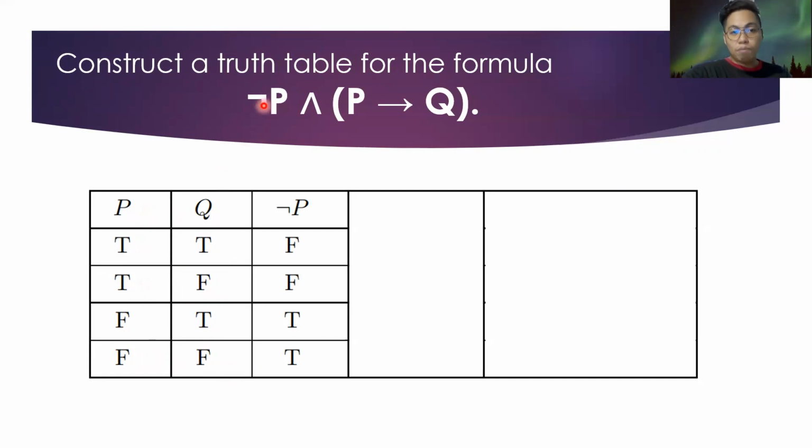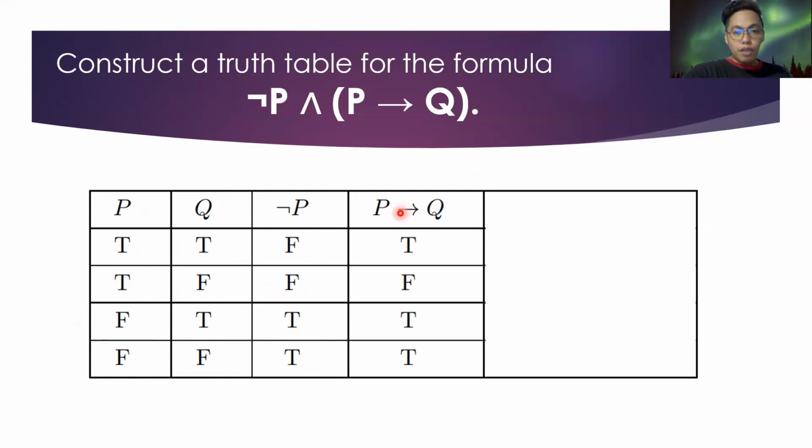The first one that we have to identify are the simple conditions. So we have here not P. So if P is true and you negate it, that's false. If you negate the true, it will be false. If you negate the false, it will be true. Next, if P then Q, as what we learned earlier. So if the first statement or the if statement is true, then you have to have the second statement to be true as well.